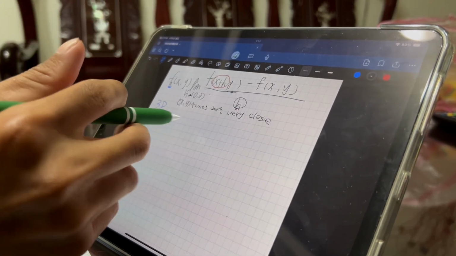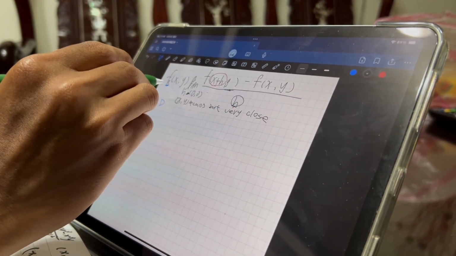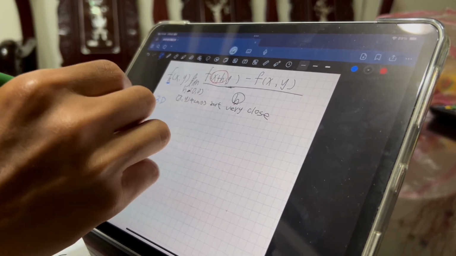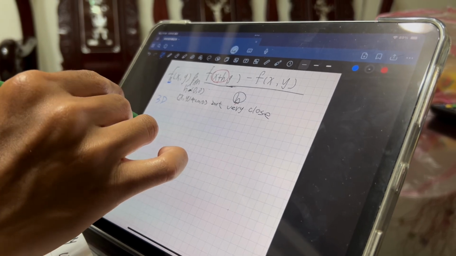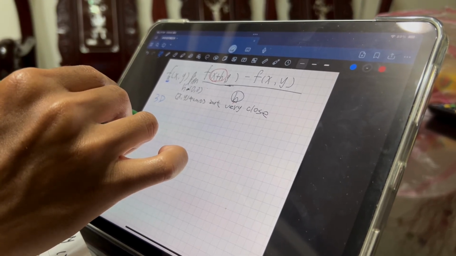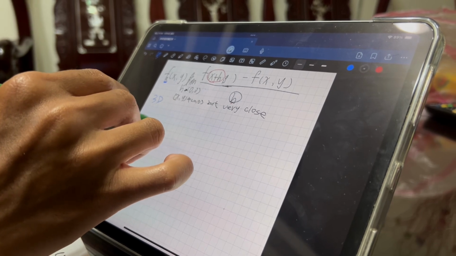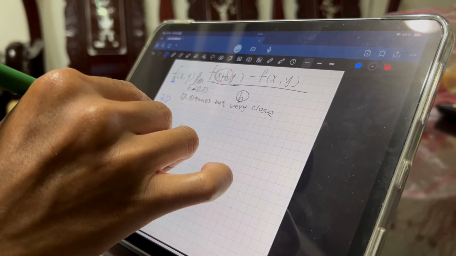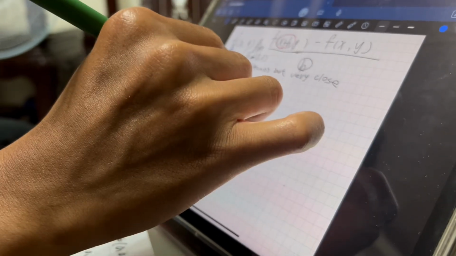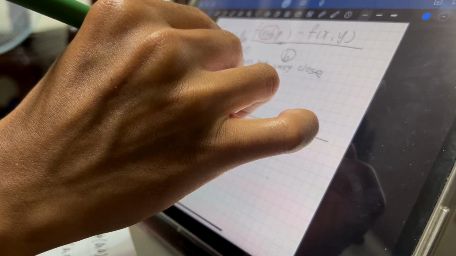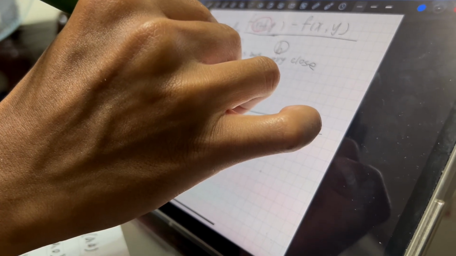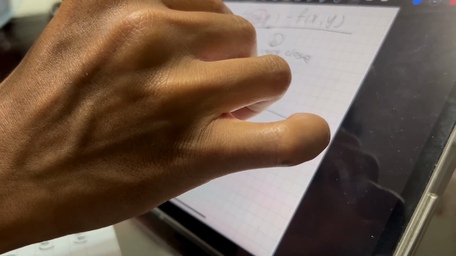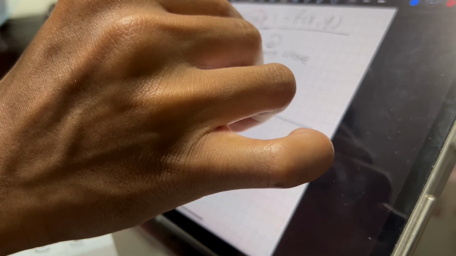So in this question, we can first find the partial derivative with respect to x, that is f sub x of x, y, equals the limit as h close to 0 of f of x plus h, y, minus f of x, y.